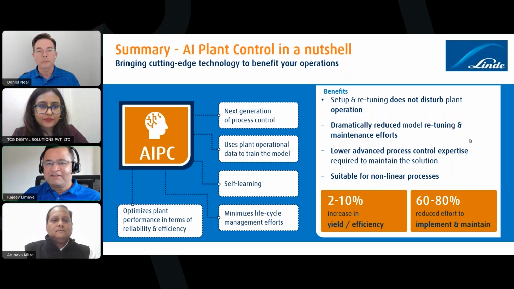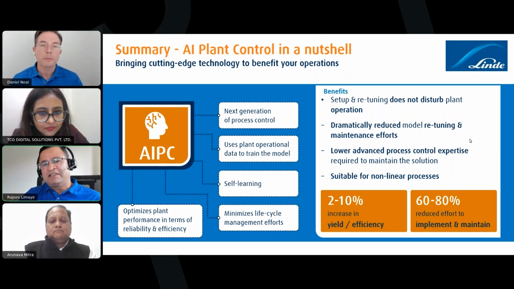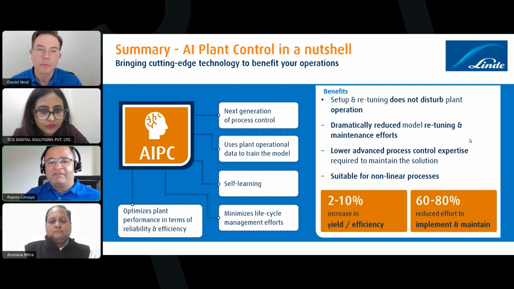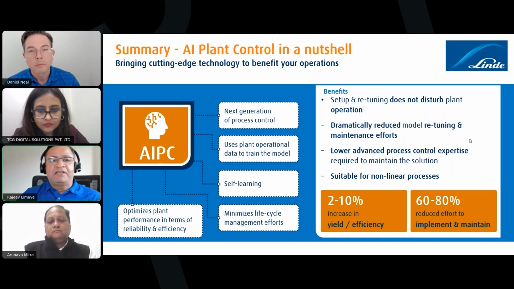Again, excellent question. And this is, I would say, one of the strengths of Linde's AI plant control. So the model that is developed using the neural net, using the model training, machine learning techniques, can be supplemented by equation based models.